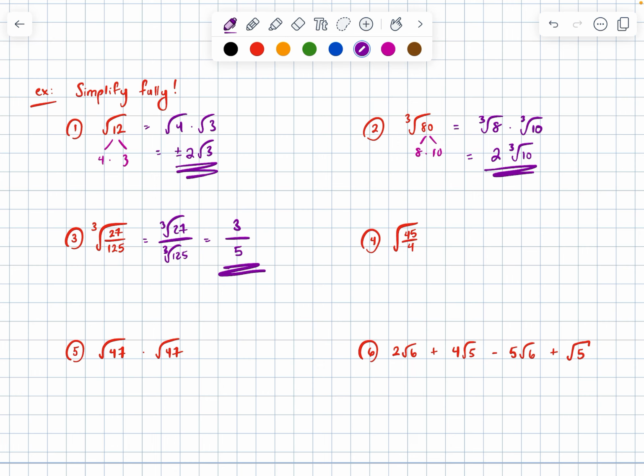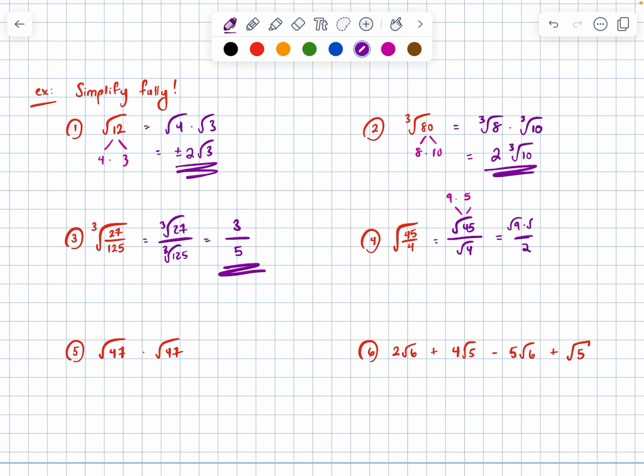For the square root of 45 over 4, though, I might need to do a little bit more work. Using my quotient property, I can rewrite this as the square root of 45 over the square root of 4. Now, the square root of 4, I know what to do. That's 2. And then the square root of 45, again, I need to look for factors of 45 that are perfect squares. Notice that 45, that's 9 times 5.